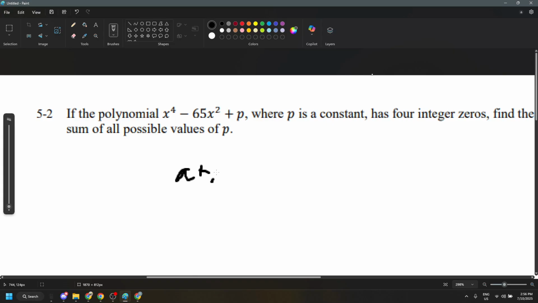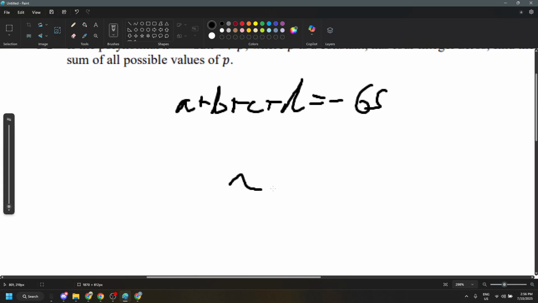a plus b plus c plus d equals negative 65, right? Well, let's just say you have a quadratic, x squared minus 12x plus something.